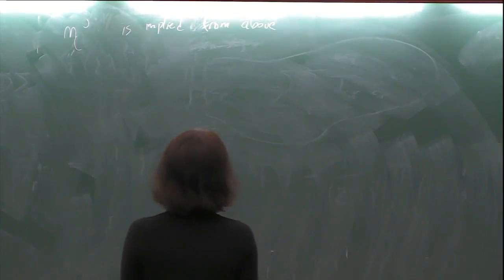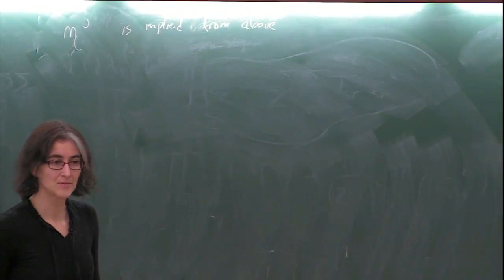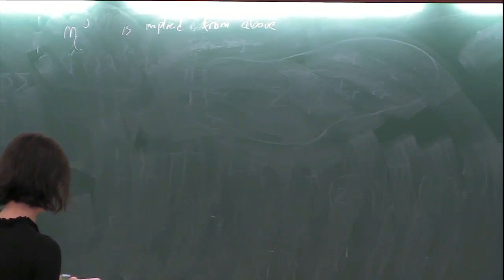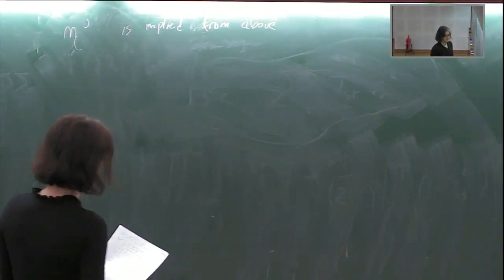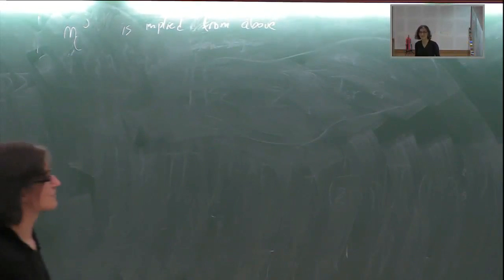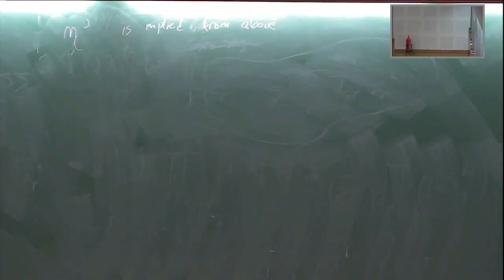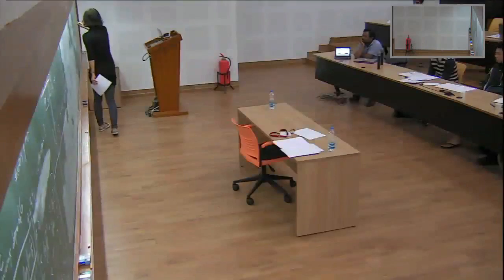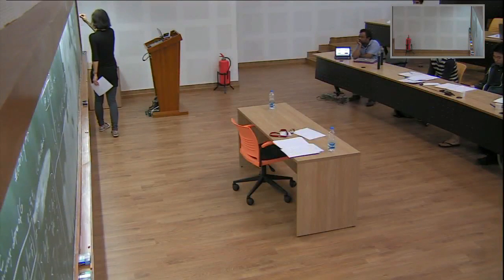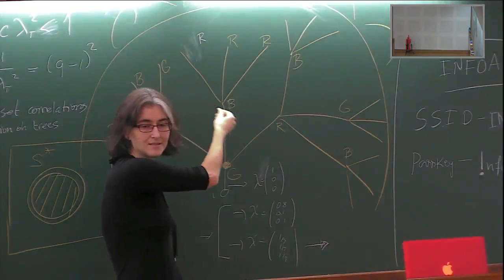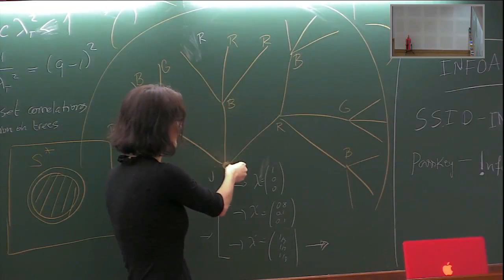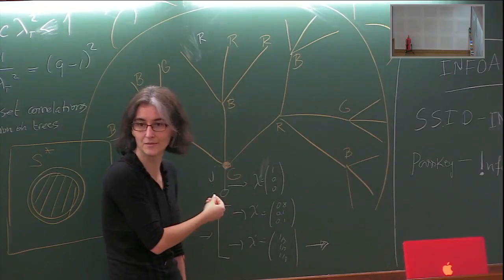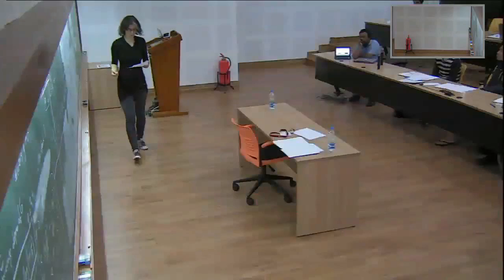Okay, so let's compute this upper bound. So this is the probability that the root is implied from above. If it is implied from above, then how is it implied? It's because for every color there is at least one neighbor that is implied in that color, so that all the colors, except the green one, are forbidden on the root, right?